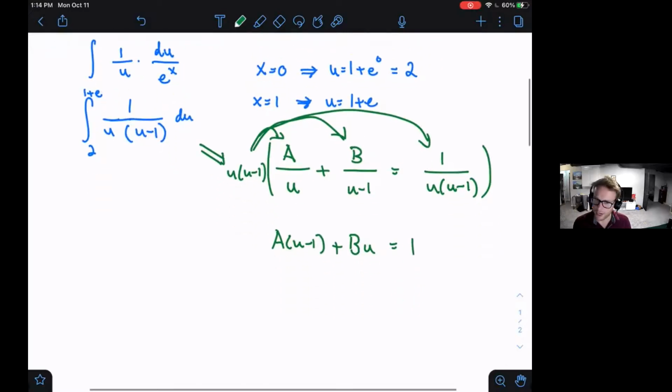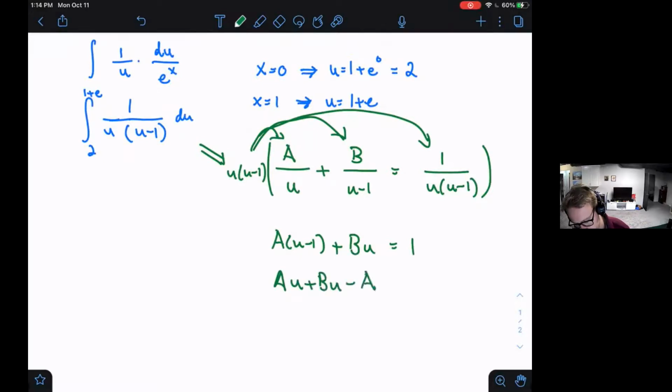Now we're going to rearrange this and grab all of our linear terms, with the u to the first power, and all of our constant terms. So we're going to have a u plus b u minus a is equal to 1. And I'm going to put a plus b times u minus a is equal to, and I'm going to write this rather suggestively here: 0 u's plus 1.